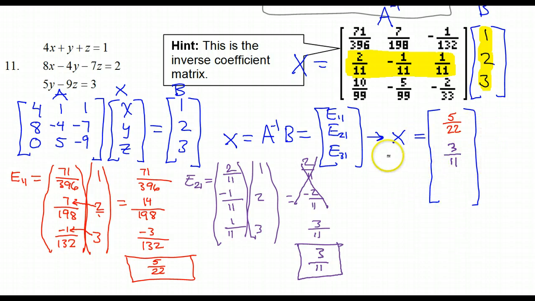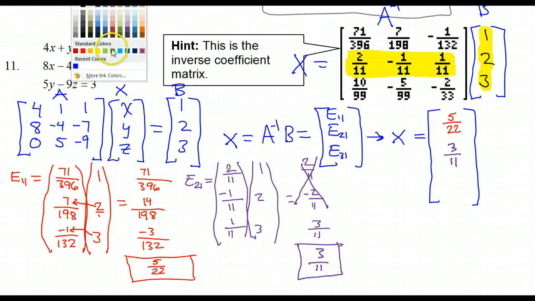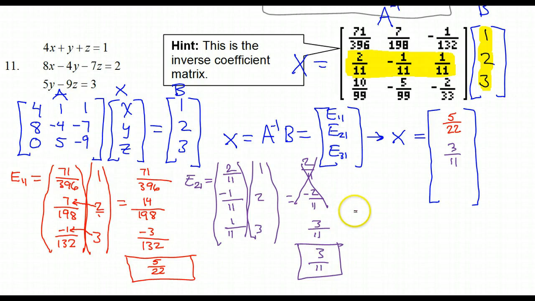Okay, now let's find that last element. Alright, so this will be element 3, 1. Okay, so that's going to be row 3 times column 1. So row 3 is this row. Alright, so row 3, here we go.